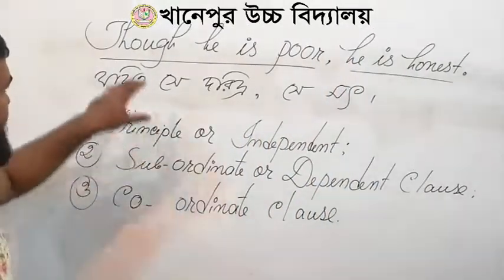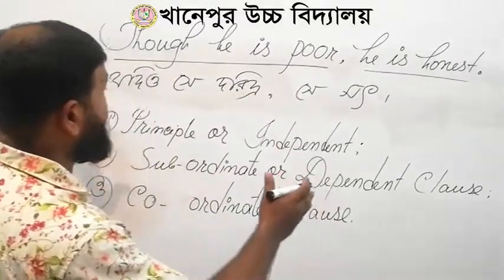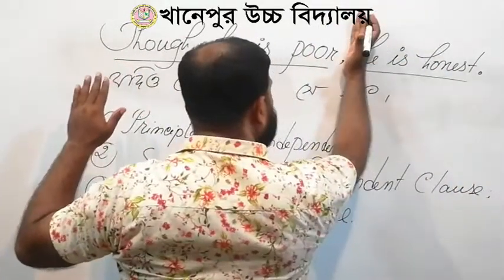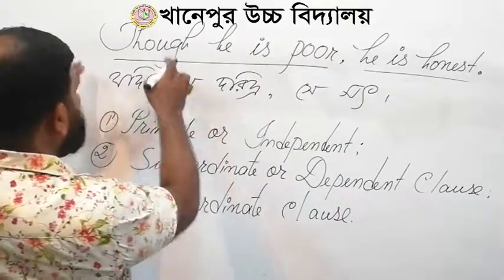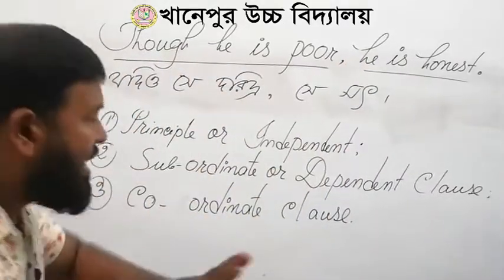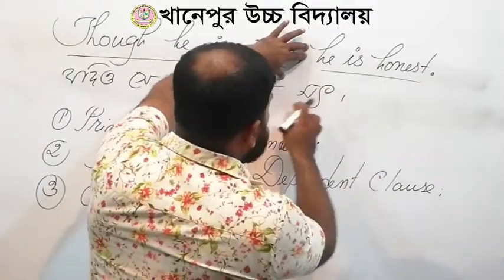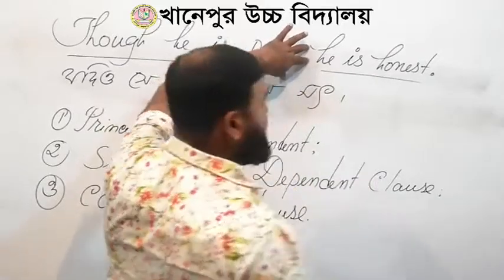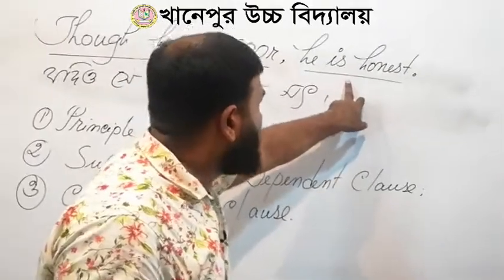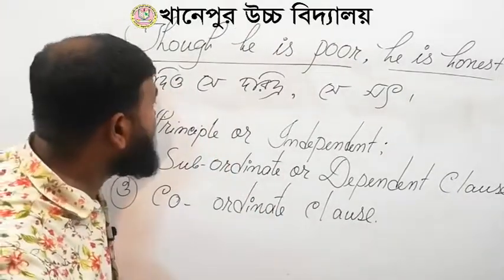We can find that this clause cannot express the complete sense alone. If we see only this one, though he is poor, jodio she doridro, it cannot express the complete sense. But if we omit this one, he is honest, she sot, this one can express the complete sense. That's why it's an independent clause and that's a dependent clause.